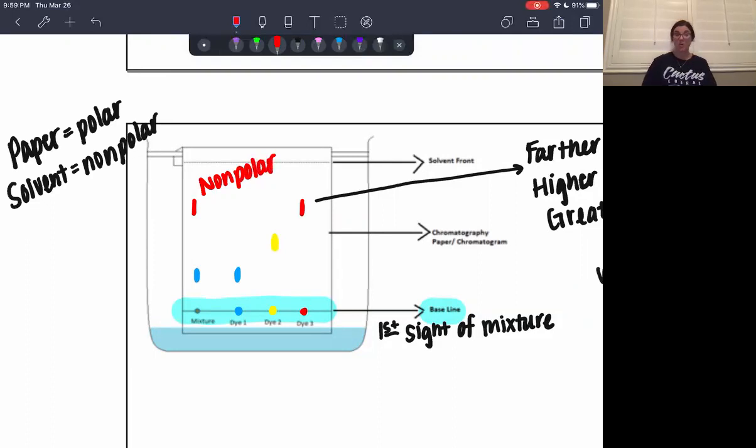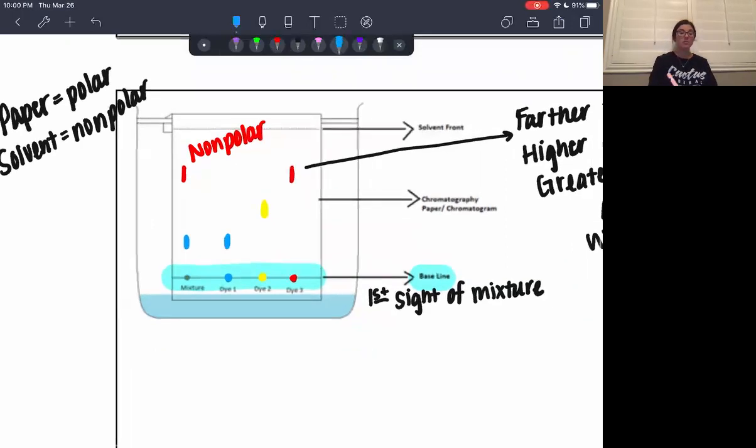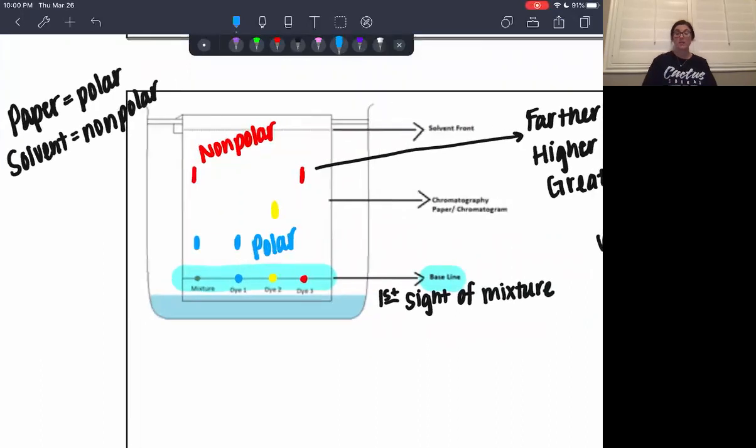And it's not attracted to the paper, which makes it non-polar. My substances down here, like my blue dye, must be a polar substance because it does not experience a great affinity to that moving phase, and it is experiencing a large affinity to the stationary phase. So it's essentially getting stuck to the paper because it's attracted to the paper.